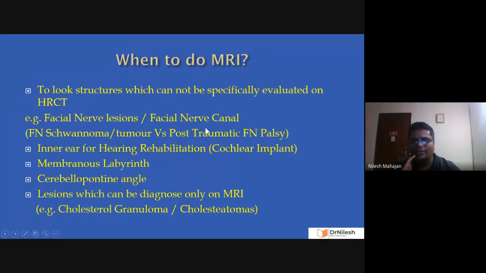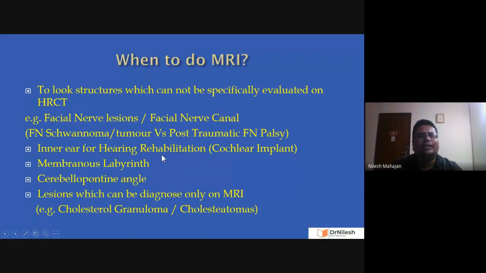So in that case, you will advise the HRCT of the temporal bone. You have to think which structure you want to see. If you want to see the bony structures, you will do HRCT. If you want some soft tissue which is not very clearly seen on the HRCT, you will do MRI.